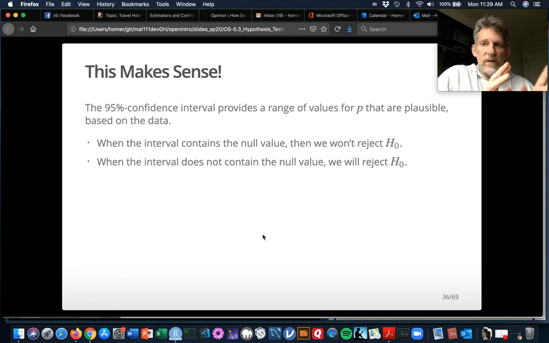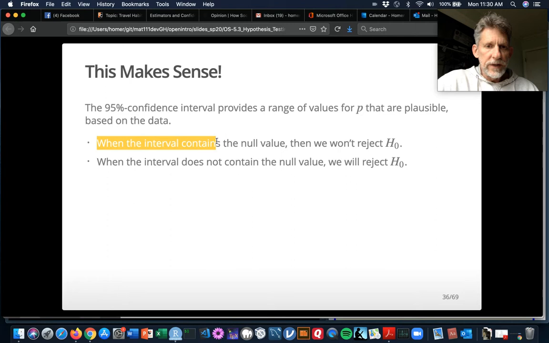This totally makes sense because of what confidence intervals are trying to do. A 95% confidence interval is supposed to provide a range of values for the population proportion that are plausible based on the data. And so what we're seeing is that when the interval contains the null value, the test of hypothesis that we do is not going to reject the null hypothesis.